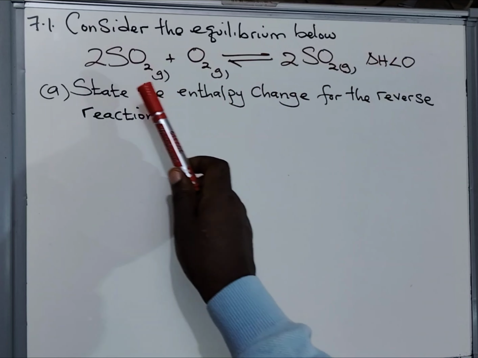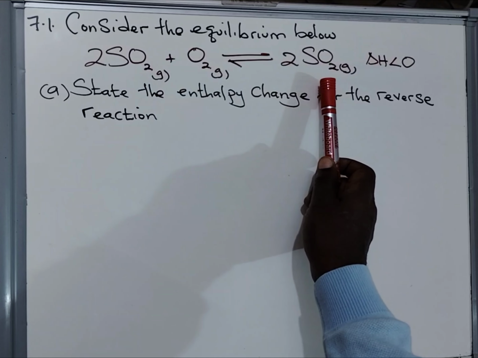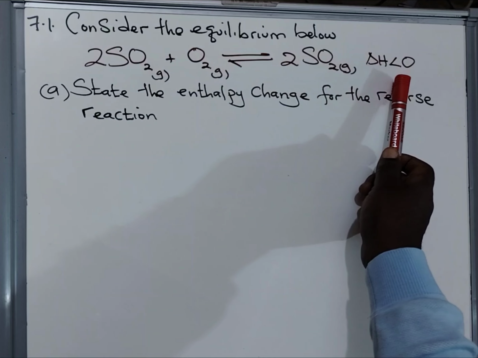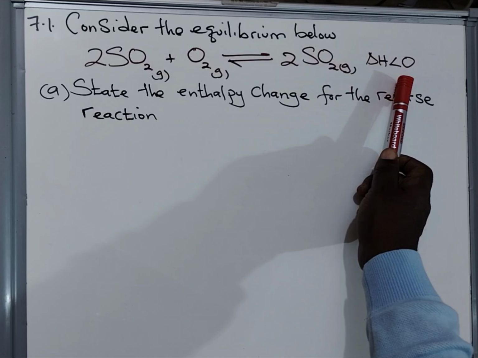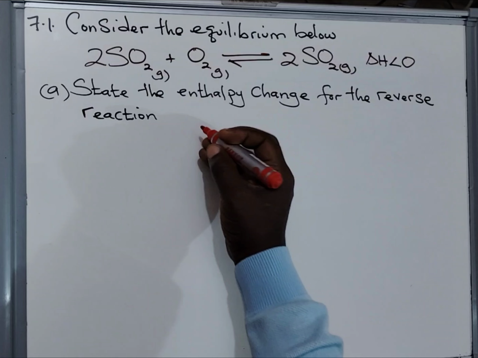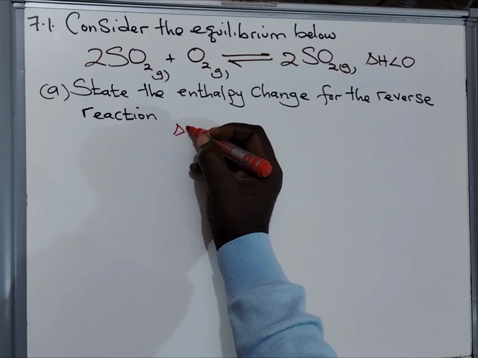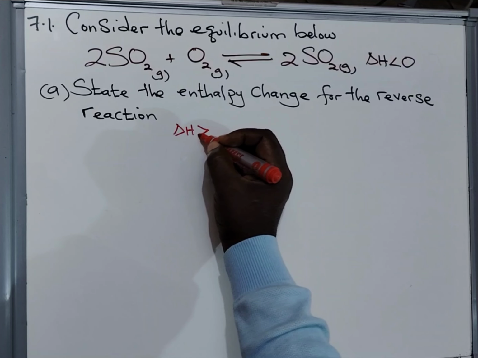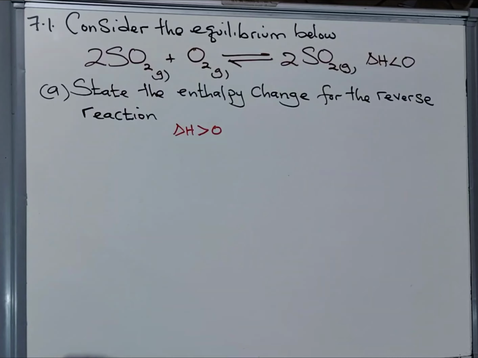The enthalpy change for the reverse is going to be the opposite of this one. What is that? Greater than 0. So the answer is going to be enthalpy change greater than 0.